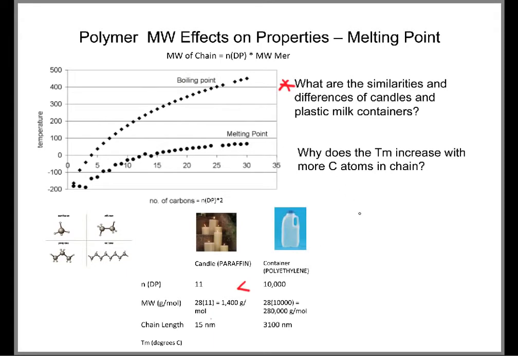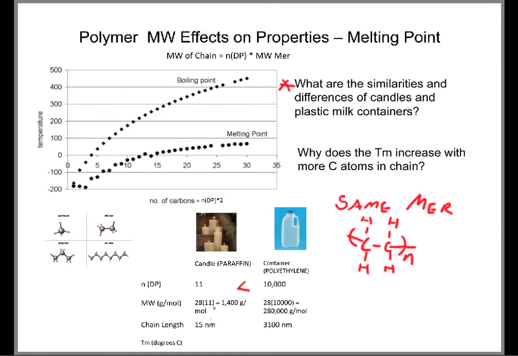So what is interesting though is that these two types of materials, the paraffin and the polyethylene, they have the same mer, which is ethylene, the ethylene mer as I have been using in the other examples. So this guy right here. So they have the same mer, their degree of polymerization is different. That N down here would be different.